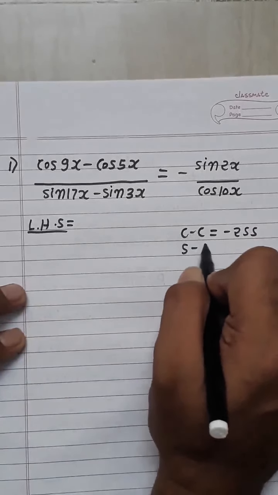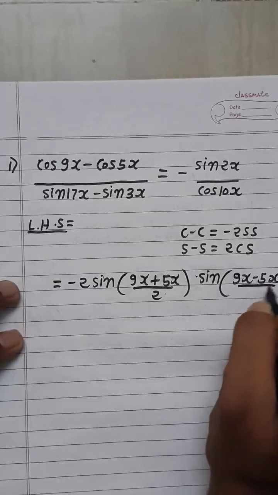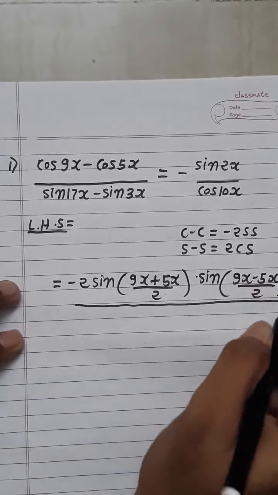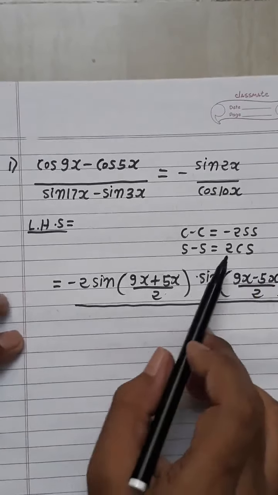So in the numerator term we can write minus 2 times sin of (9x plus 5x divided by 2) into sin of (9x minus 5x divided by 2), upon, in the denominator term, s minus s, that means 2cs.